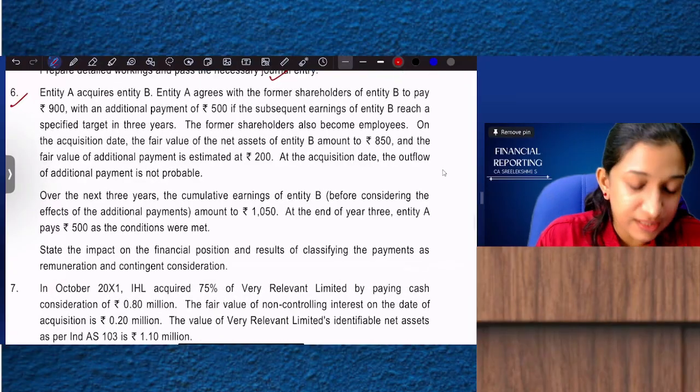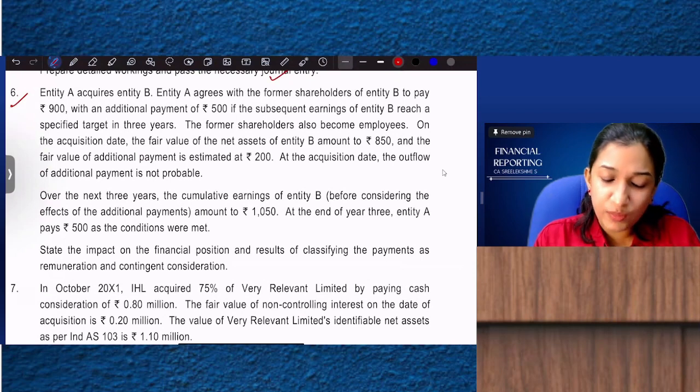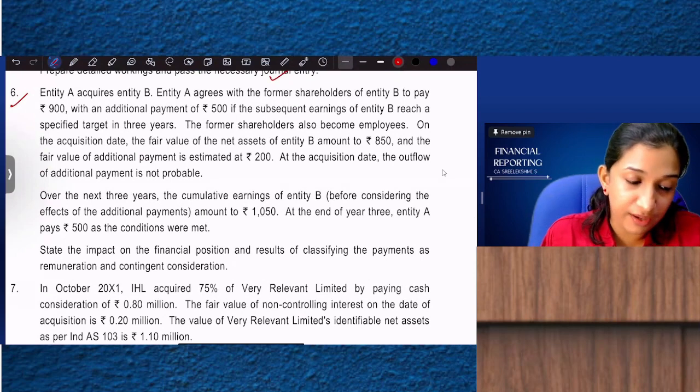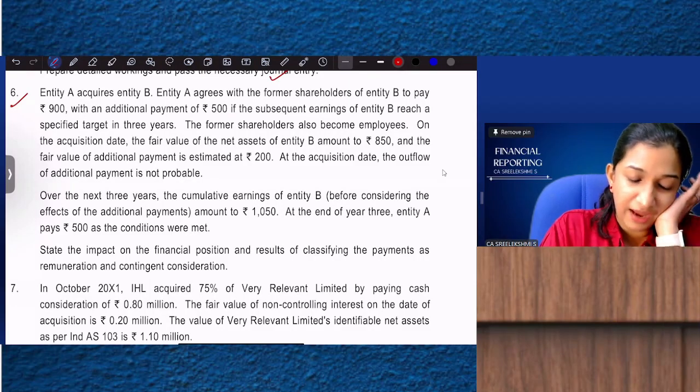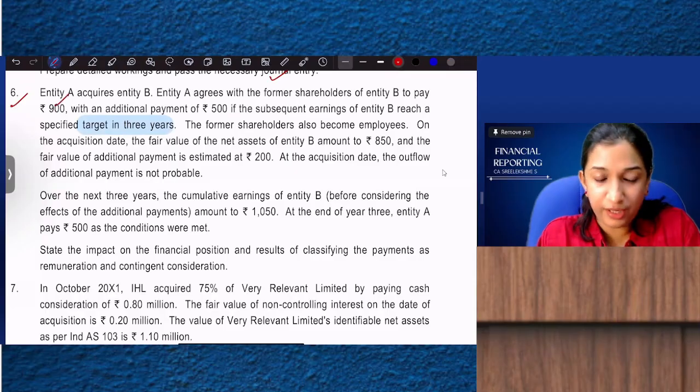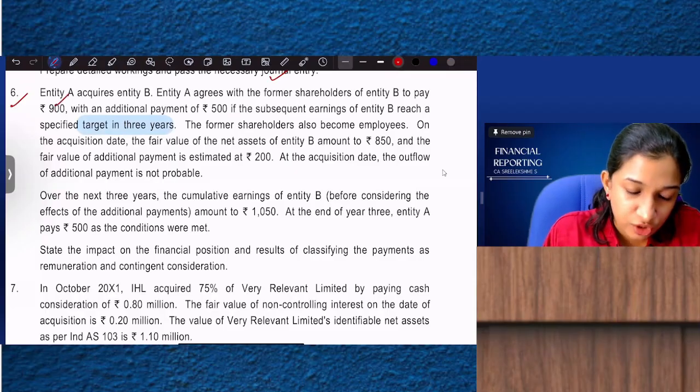Entity A acquires entity B. Entity A agrees with the former shareholders of entity B to pay 900 with an additional payment of 500 if subsequent earnings of B reach a specified target in 3 years. So you will pay PC 900, and you will pay an extra 500 if a target is achieved.